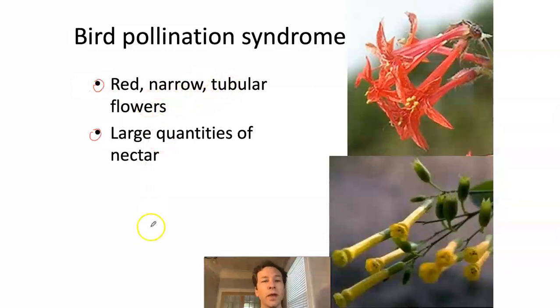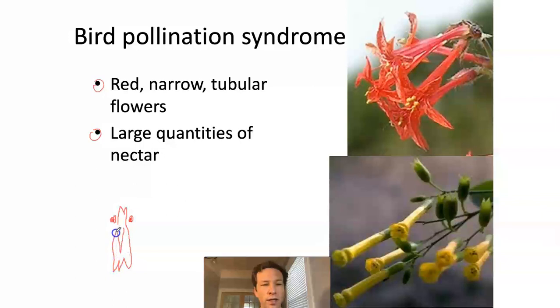They are narrow, and the reason that they're narrow, if we look at the face of a hummingbird, it wants to be able to watch for predators while it's feeding. And its eyes are maybe moderately widely spaced, but not extremely widely spaced. So the best way for it to be able to watch its environment while it's feeding is if the flower it's visiting has a very narrow corolla.